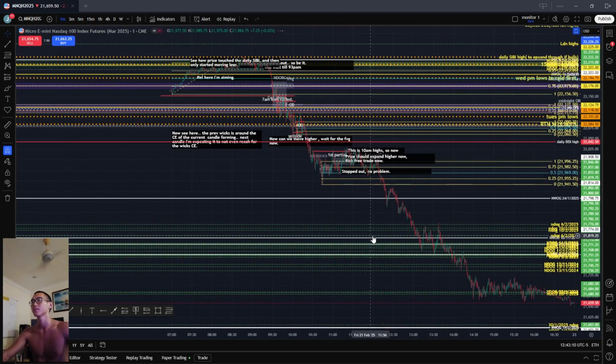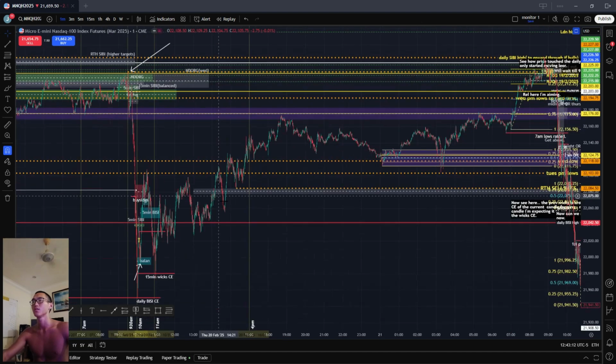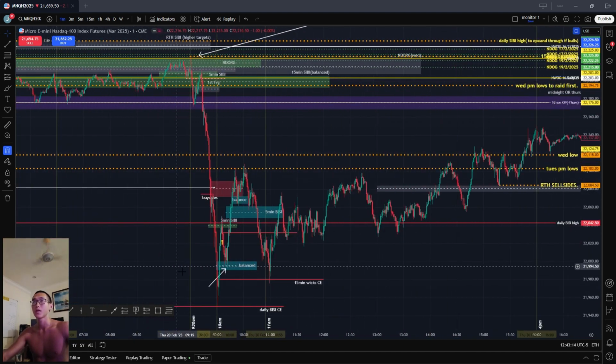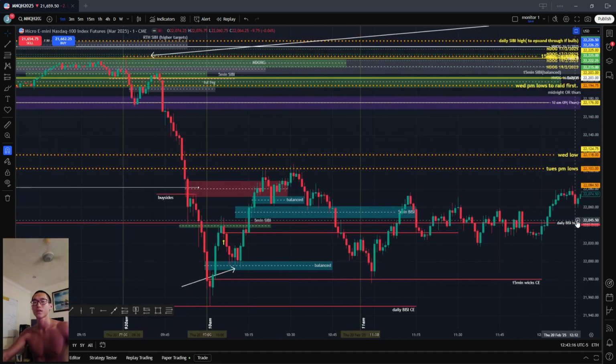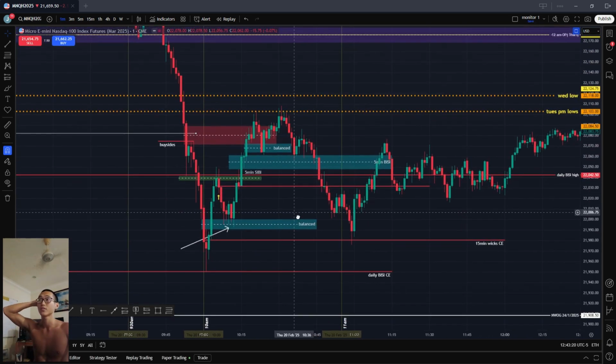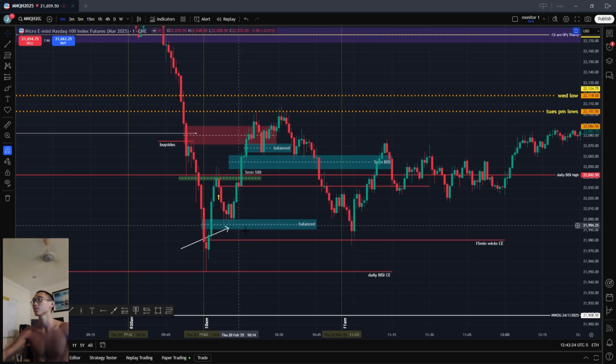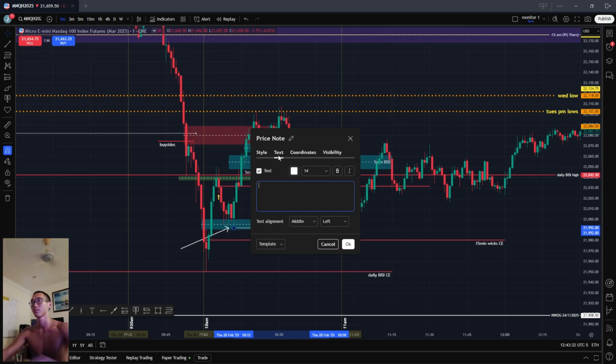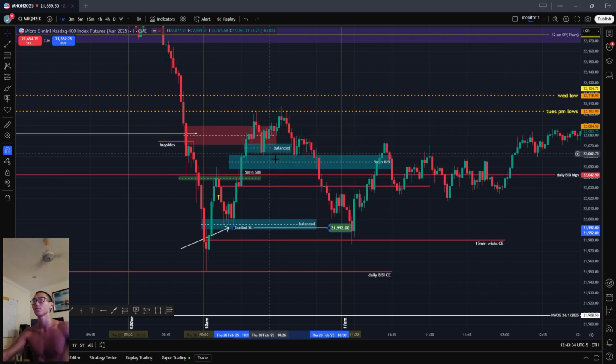If I left a runner, it would have stopped me out with a partial profit, because I would have had my stop loss right here. I would have thrown my stop loss at least below here.